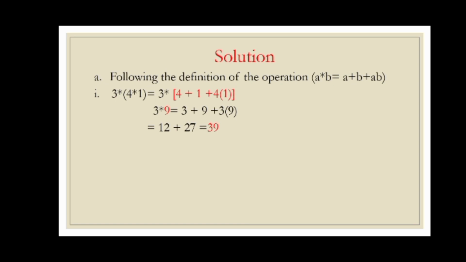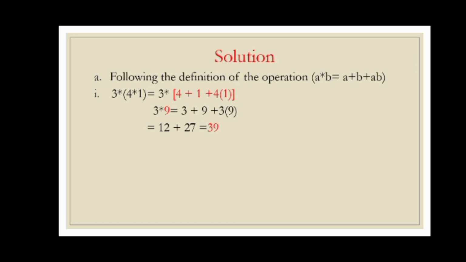So our A becomes 3, and our B becomes 9. Substituting into the definition, A star B is equal to A plus B plus AB, we have 3 plus 9 plus 3 times 9. 3 plus 9 is 12, and 3 times 9 is 27.